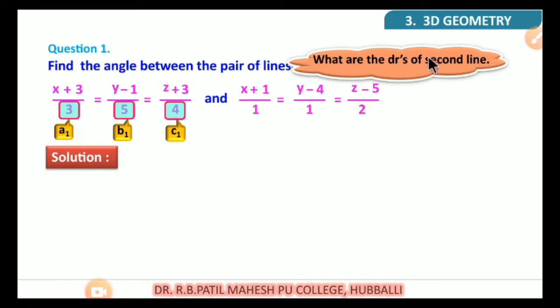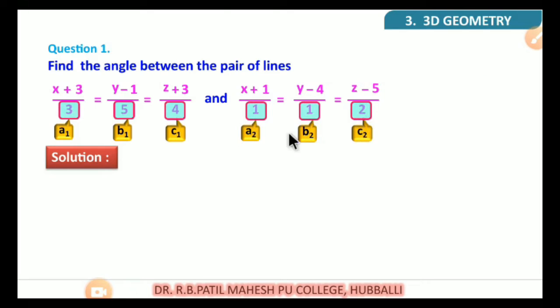So now here we have to recognize the direction ratios of first line are A1, B1, C1 in the denominators, and the direction ratios of second line are A2, B2, C2, here 1, 1, 2. So after finding direction ratios, we can find out the angle between the pair of lines.